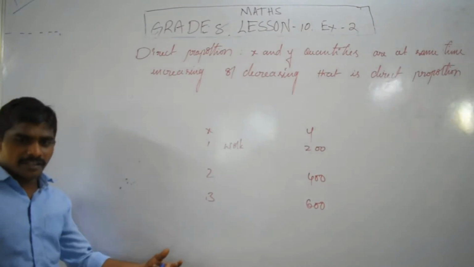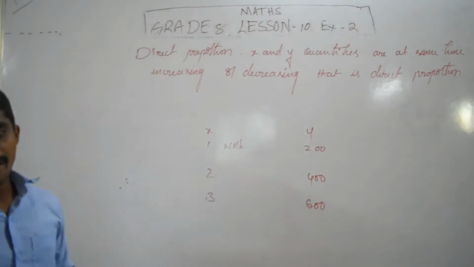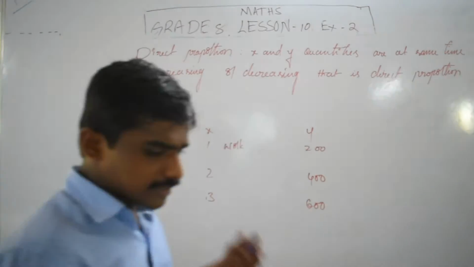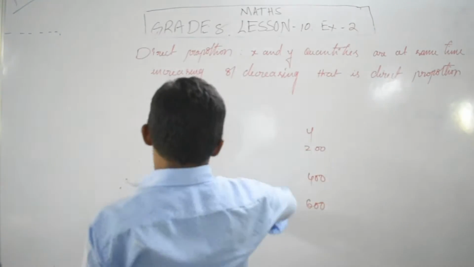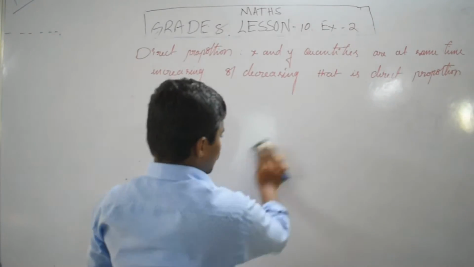So x quantity increasing and y quantity increasing. That is direct proportional. Now inverse proportional.